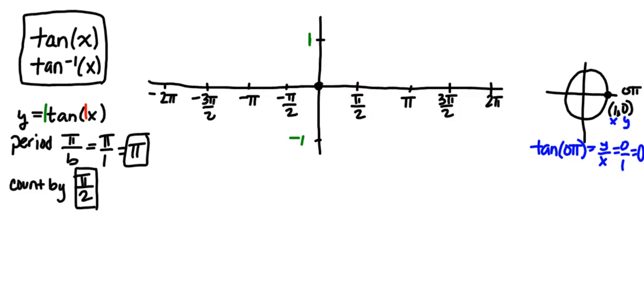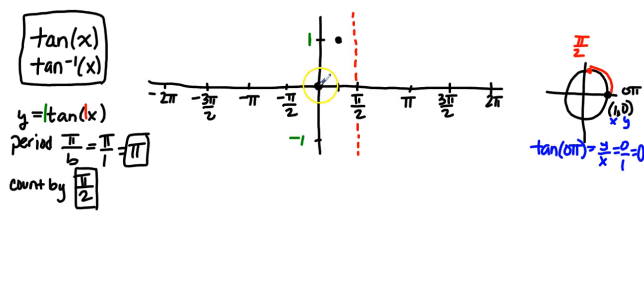The period is a total distance of pi. So my first asymptote is at pi over 2. Recall that as we looked at the rate of change as this radius travels the unit circle, as I approach pi over 2 right here, let's say I looked at an ordered pair right here, that was a very large y divided by a very small x, and we tried a point, reasoned it out, and we realized that as these points approach pi over 2, they are going to get infinitely big.